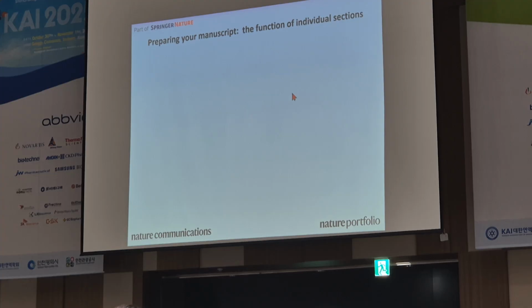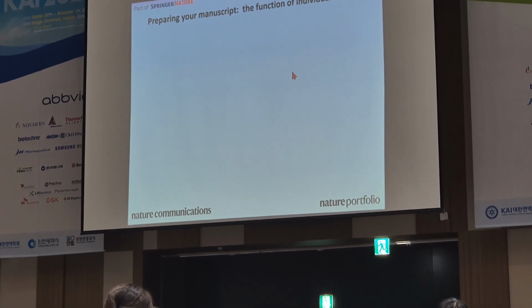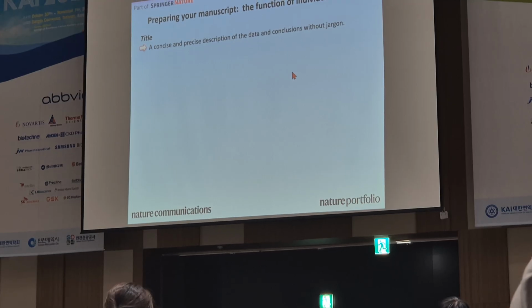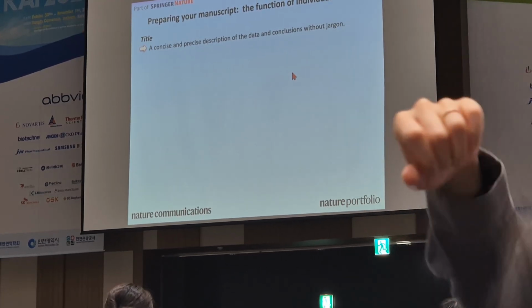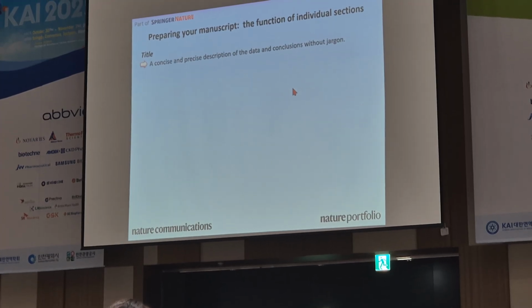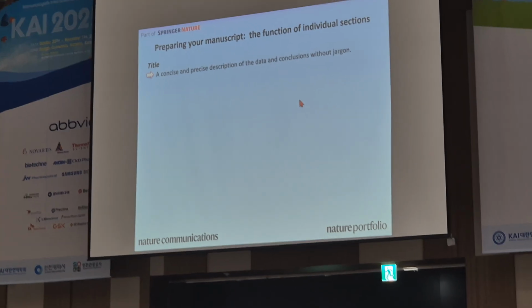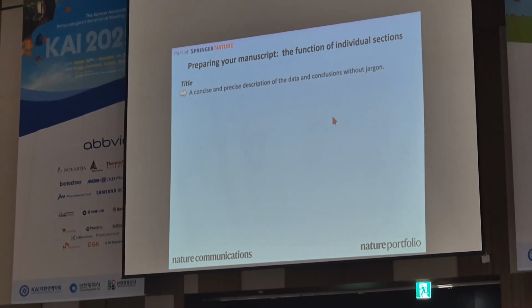But even then, I still have a good idea of what the paper should be and what component should serve what purpose. So for me, a title should be a concise and precise description of data and conclusions without using much jargon. Basically, you want to condense everything you want to show into one sentence, 15 words or so, and that's not easy to do.